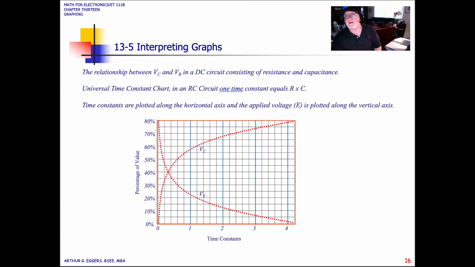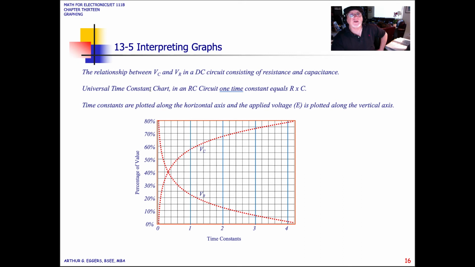Another curve set that you will be using as you get into the proceeding courses, ET131, 132, is something called the time constant chart. And a standard time constant chart looks like this. You've got two sets of curves that are showing you time constant values and the percentage of value based on a voltage across a capacitor and voltage across a resistor.